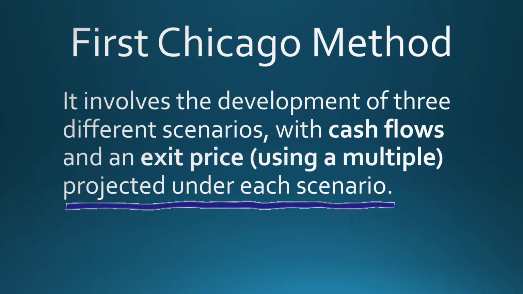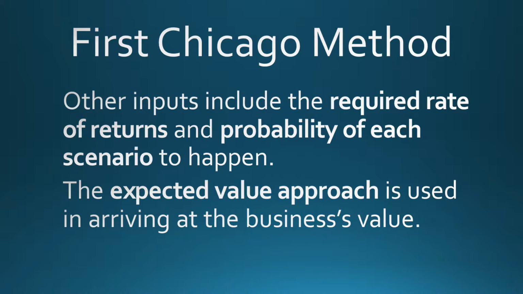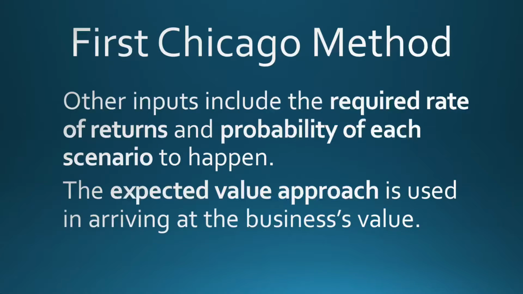This is to be projected under each scenario. Other inputs in the First Chicago method include the required rate of return. In this case, the method doesn't trust the capital asset pricing model, considering that most founders are not diversified and the reliability of beta in capturing that risk would be questionable, and the probability of each scenario to happen.